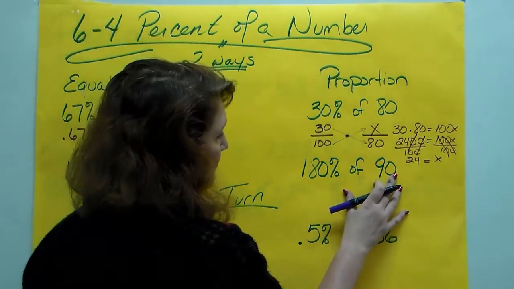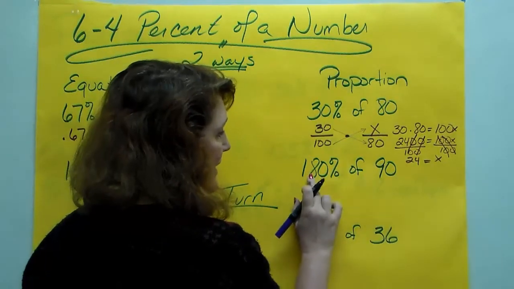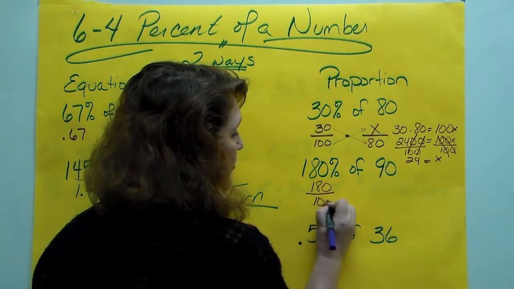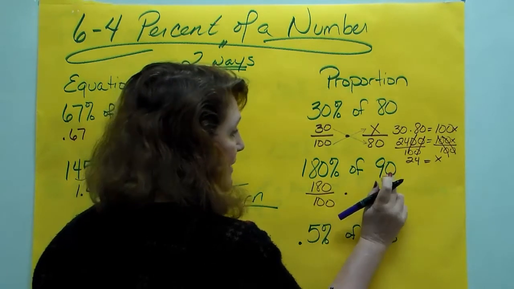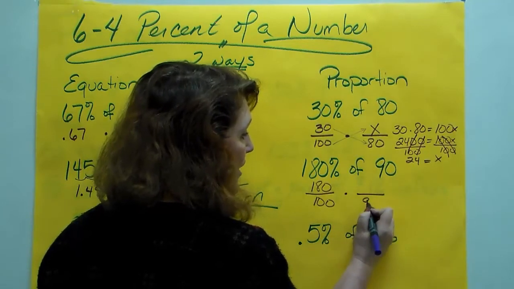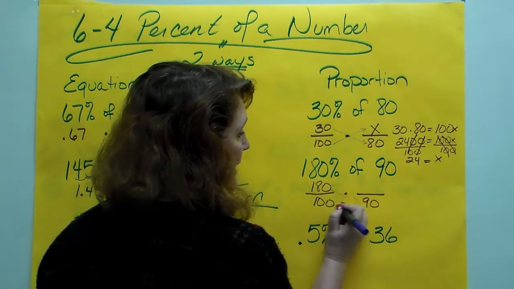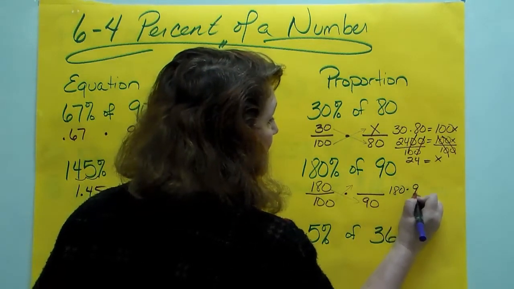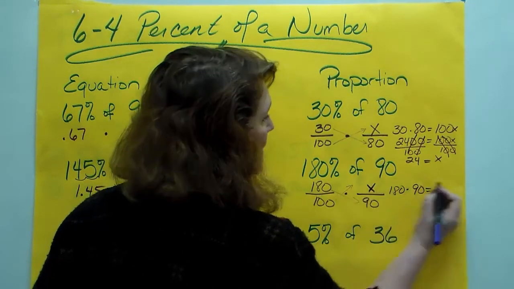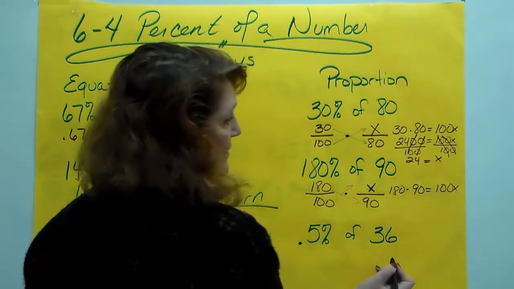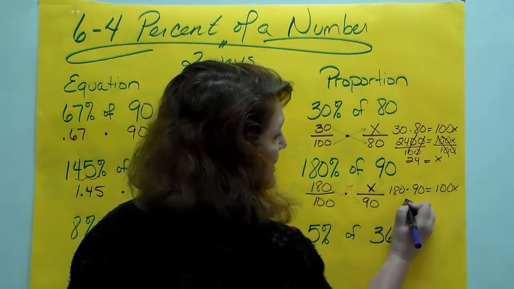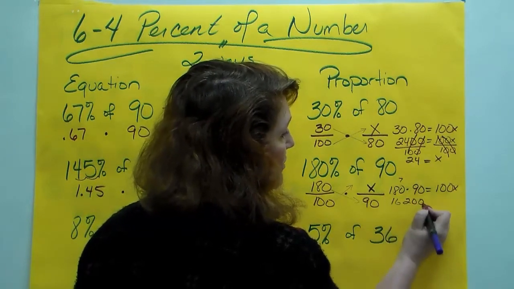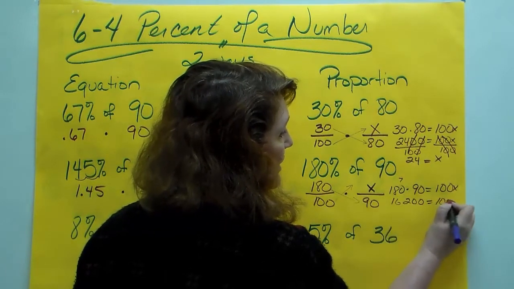180% of 90. So this is the number that goes over 100. 180 over 100 times, and this is the whole, and I'm looking for the parts. So again, I'm going to cross multiply. 180 times 90 equals 100x. 9 times 8 is 72. 9 and 7 is 16 with 2 zeros equals 100x.